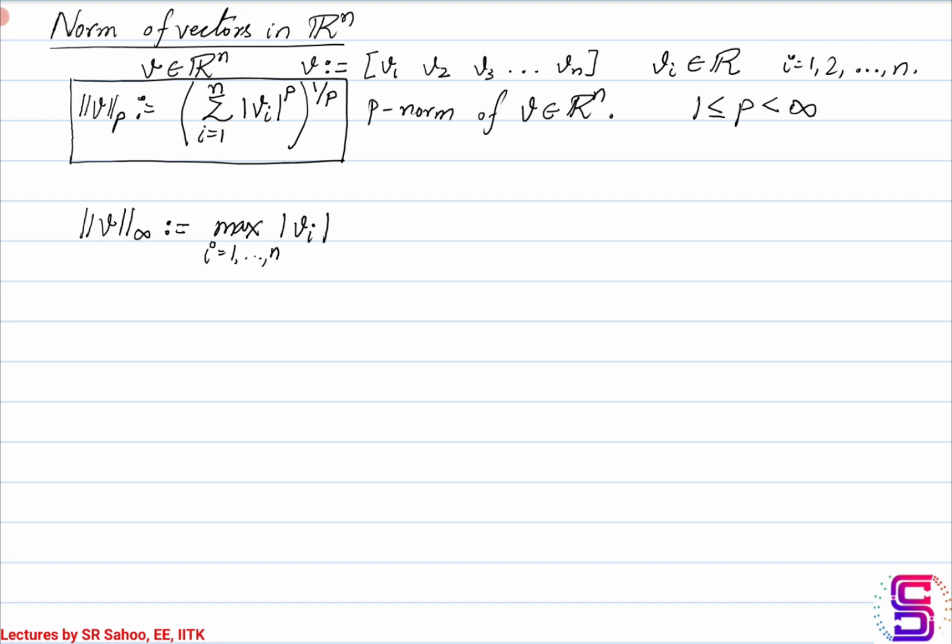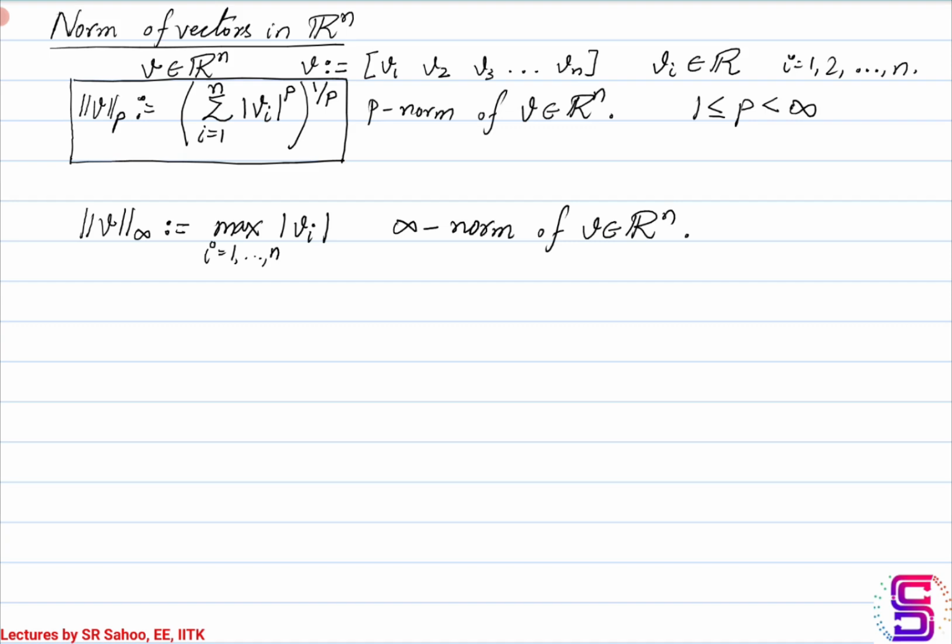That is what is defined as the infinite norm of a vector v in Rn. You can actually derive this infinite norm from the definition of p norm itself, so try this out and see whether you can get this or not.